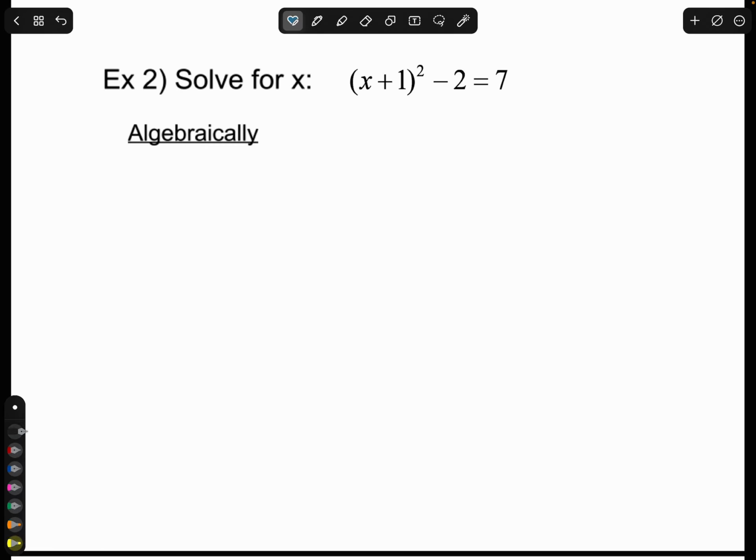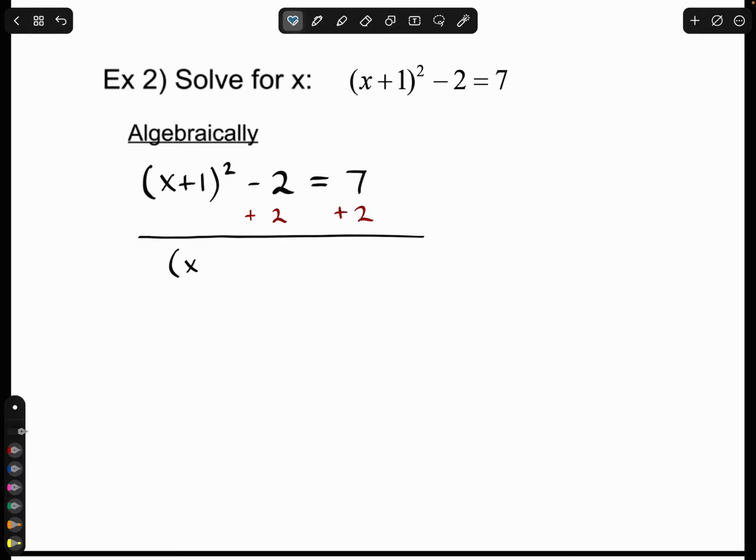The second one says solve for x. We have (x + 1)² − 2 = 7. You can solve this any which way you want, and there are multiple ways of solving this equation. I'm going to just undo it backwards. So I'm going to add 2 to each side. I now have (x + 1)² = 9. To undo the square, we'll take the square root of each side.